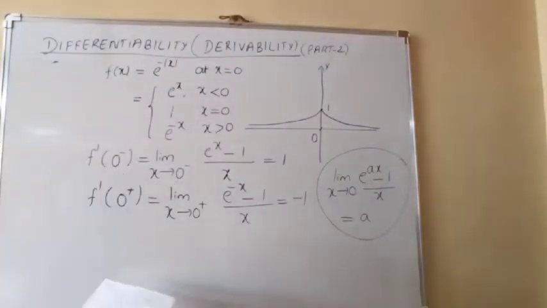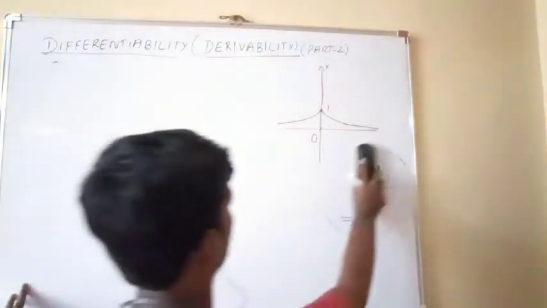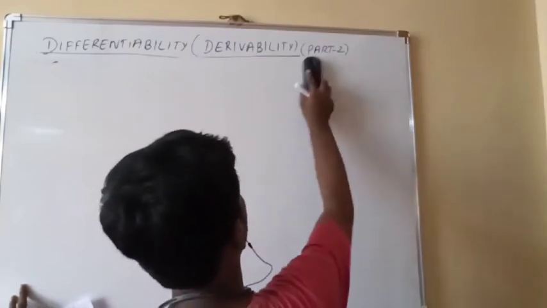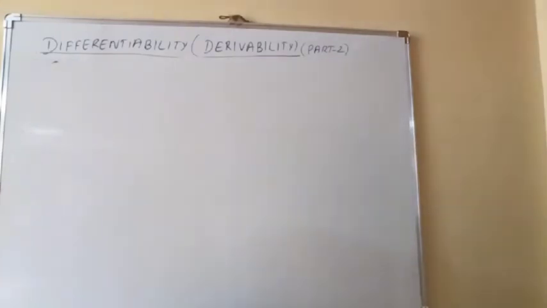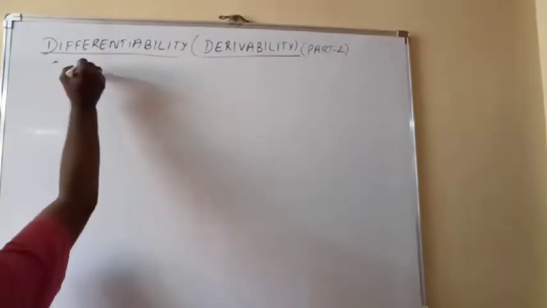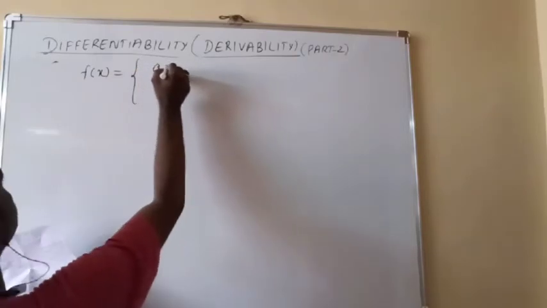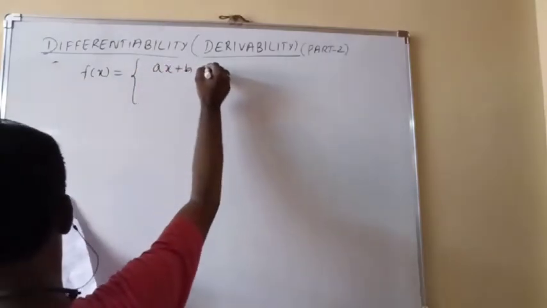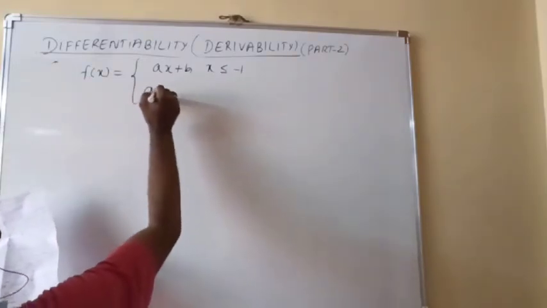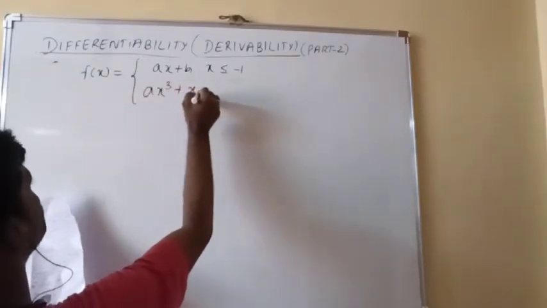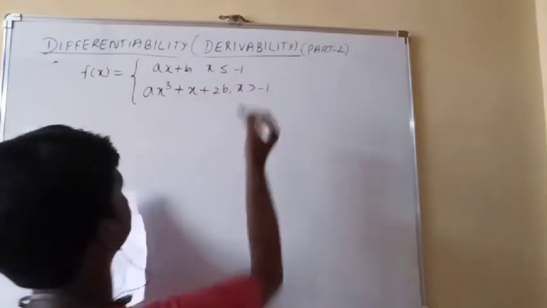Next one. So this is also one important model problem. This problem was asked in previous mains, this model problem, not the same problem. So f of x is equal to ax plus b when x is less than or equal to minus 1, and ax cube plus x plus 2b when x is greater than minus 1.